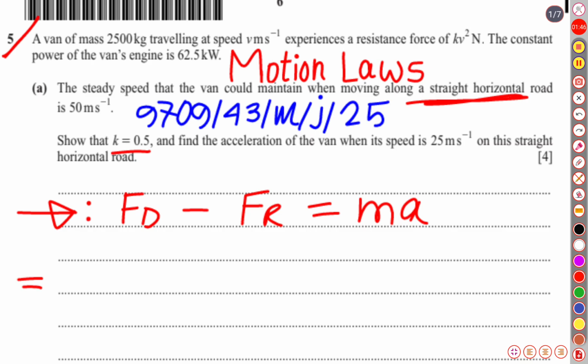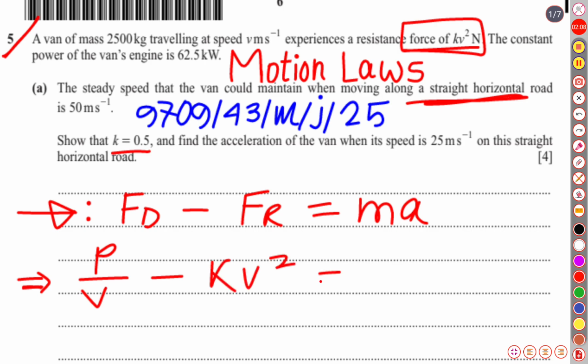The driving force of an engine is power divided by velocity, minus the resistance to motion, which is already given: a resistance force of kv squared.